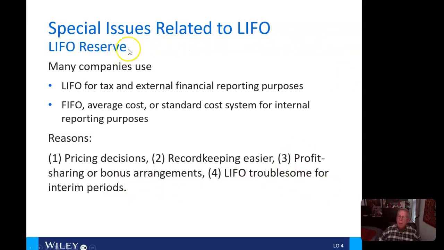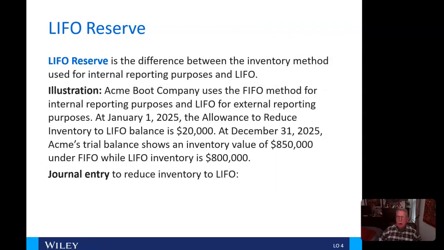So we have what's called a LIFO reserve. Important here: the LIFO reserve is the difference between the inventory method used for internal purposes and LIFO. So if Acme Boot Company uses FIFO for internal and LIFO for external reporting, here's the scenario.